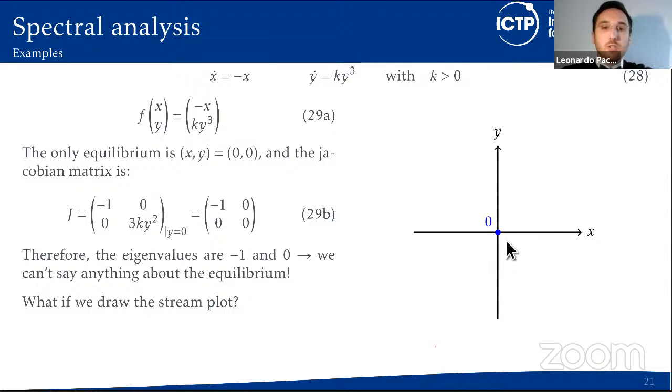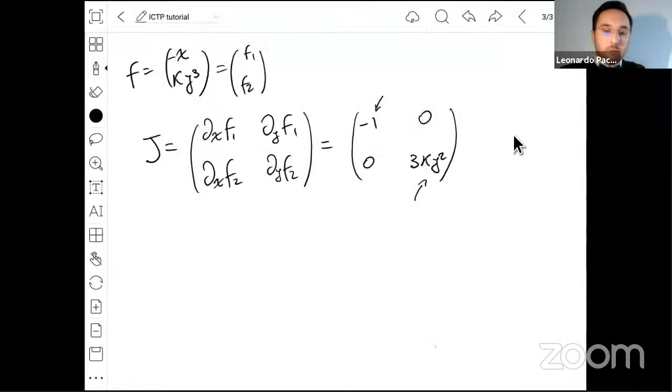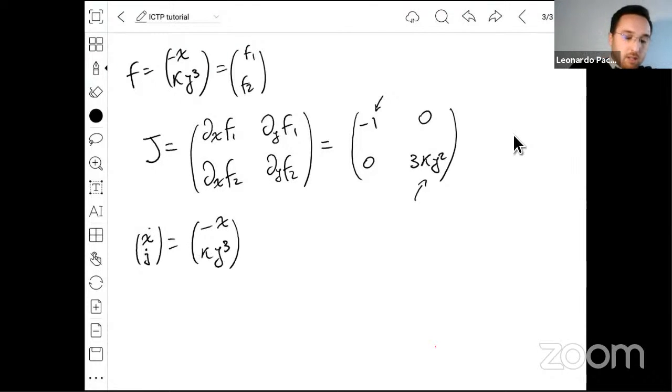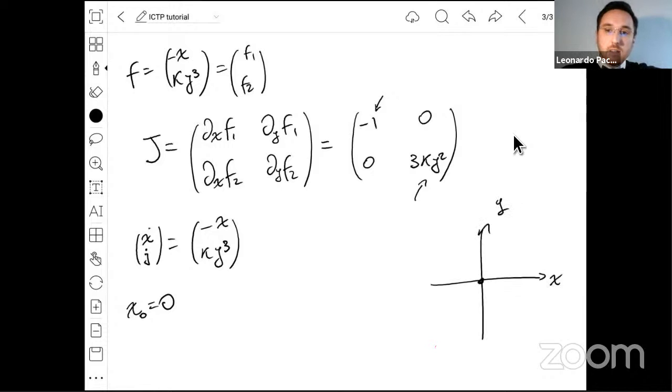So let's try, for example, to see what happens to the trajectories on the axis here. Let me rewrite the equations: -x and ky to the third. Okay, so you see, for example, that if we start with x0 equal to 0, so if we start on the y-axis, basically our system becomes x dot, y dot equal to 0, ky to the third.